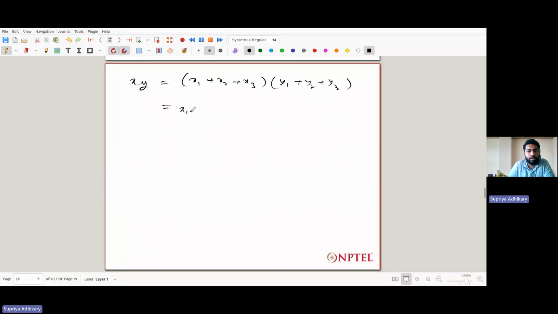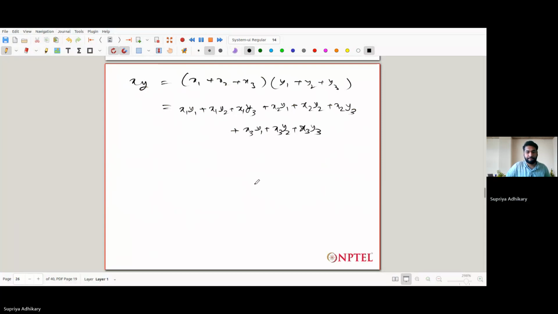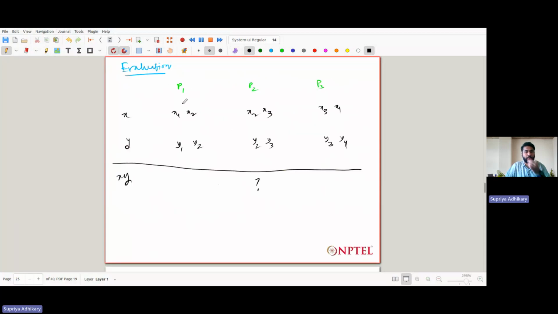This is nothing but x1 y1 plus x1 y2, x1 y3, x2 y1, x2 y2, x2 y3, x3 y1, x3 y2, x3 y3. So xy can be written as this. Now let's go back to the participants. Participant P1 has these two values, participant P2 has these two values, and participant P3 has these shares.